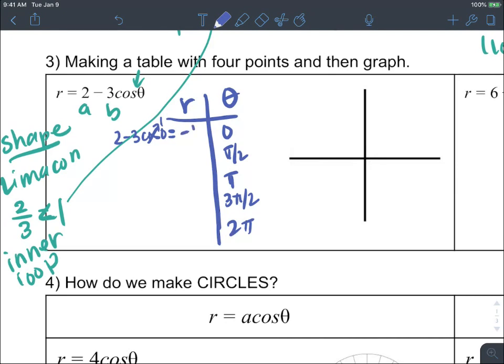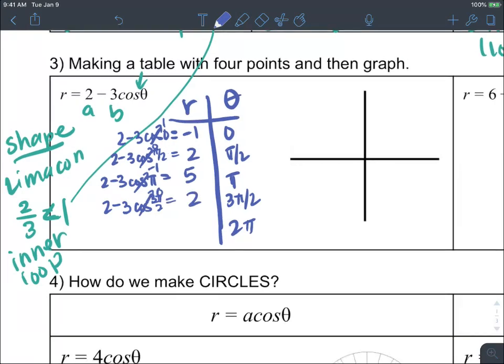Again, 2 minus 3 times cosine of pi over 2, that goes to 0, so this is 2. 2 minus 3 cosine pi, that goes to negative 1, so 2 plus 3 is 5, okay? And then we have 2 minus 3 cosine 3 pi over 2, that goes to 0, so that's 2. And then back to 2 pi, we should go back to negative 1. So 2 minus 3 cosine of 2 pi, that's 1, so negative 1.